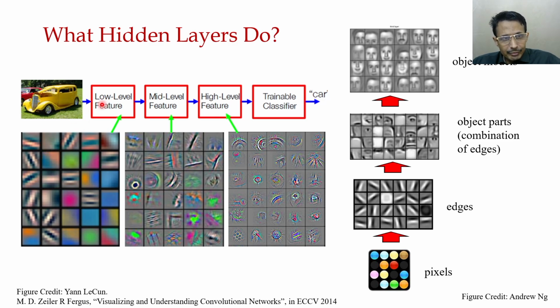Here these are the low-level features being modeled by the very initial layers of neurons, and you can see there are primitive geometrical patterns, like a horizontal line, a slanted line, in different directions. These are very less complex patterns, very primitive patterns.